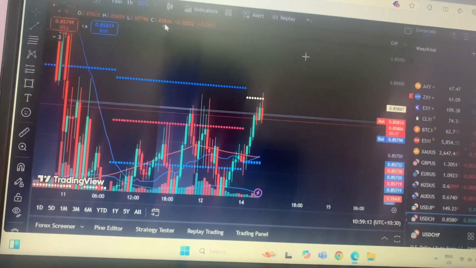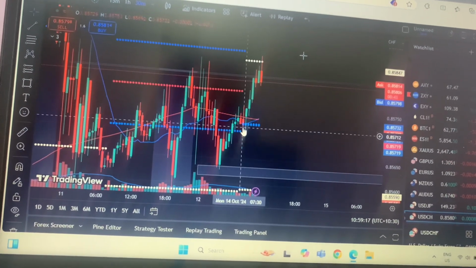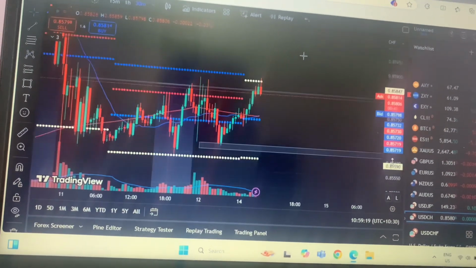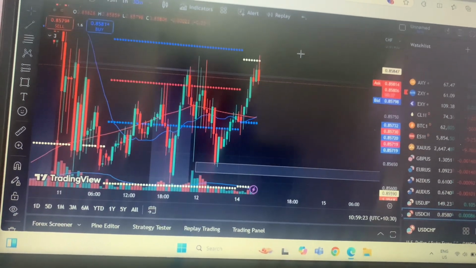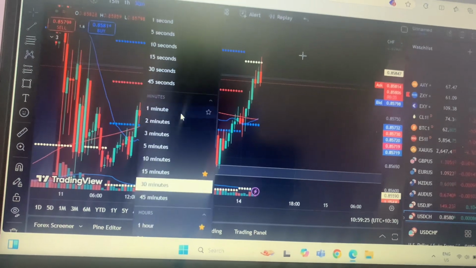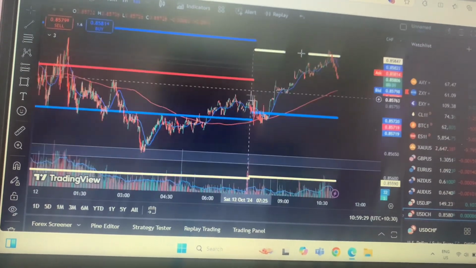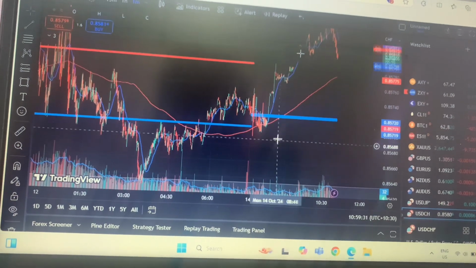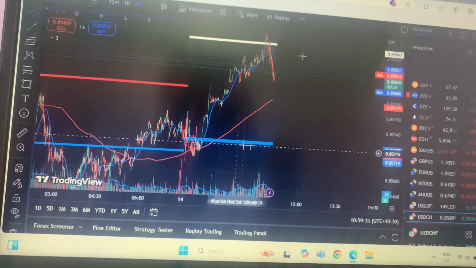And why I'm interested in taking a trade over here is because the daily CPR is very thin today, so we could have got an entry before even, but we woke up late. The CPR is really thin today.